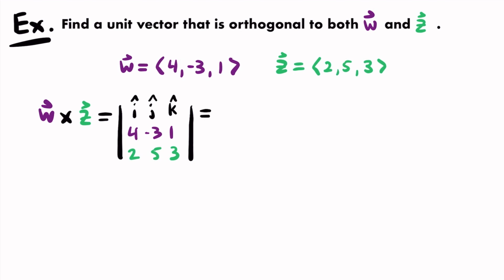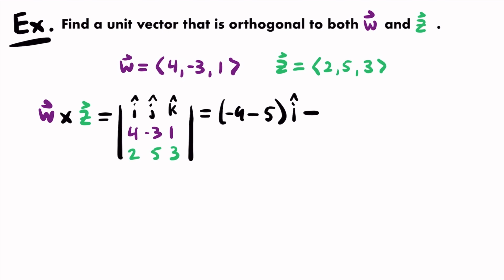This will be equal to the determinant of the matrix after we cross out the row and the column for vector i. So we're going to be working with these four values. -3 times 3 is -9. So we're going to have -9 minus 1 times 5, which is 5. And that will be multiplied by i. Then we will subtract.